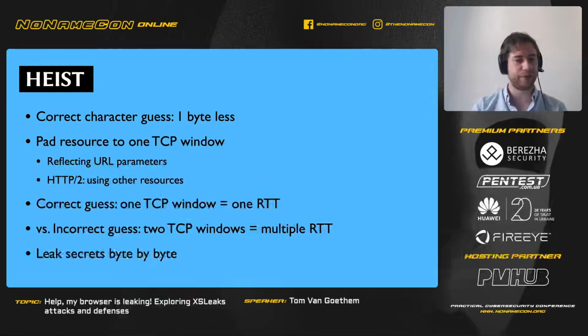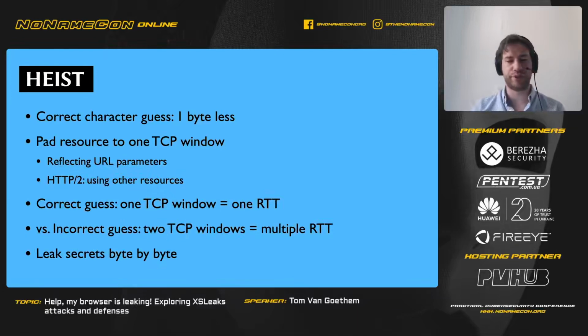And then we start guessing the secrets 1 character at a time. So if it's a correct guess, we will only need a single TCP window, because if it's an incorrect guess, we will need 1 byte more to send the response, and 2 TCP windows are required.